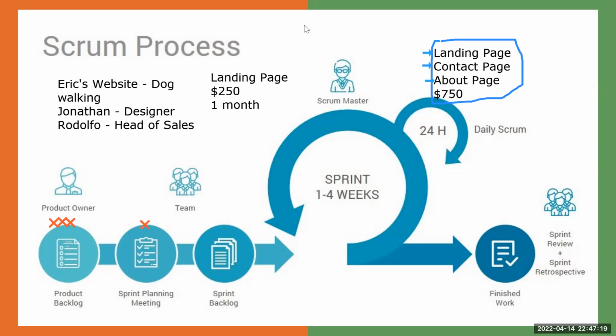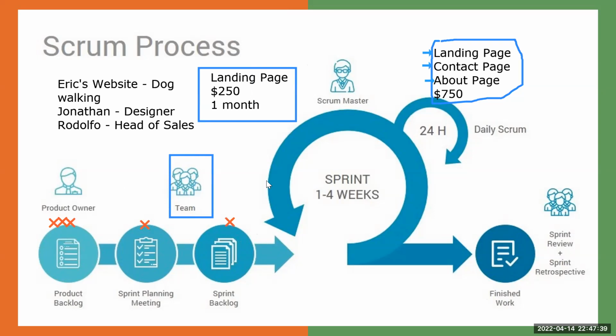What we're going to do during this sprint, which is 30 days long, is the landing page for $250. Here's Rodolfo and Jonathan and their team. They went ahead and put the landing page into the sprint backlog.